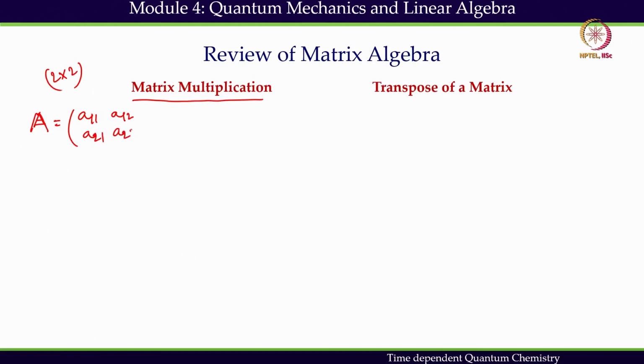The A matrix has elements A11, A12, A21 and A22, and the B matrix is B11, B12, B21 and B22. If I multiply these two matrices, the matrix multiplication will give me the following. It is a little complicated.